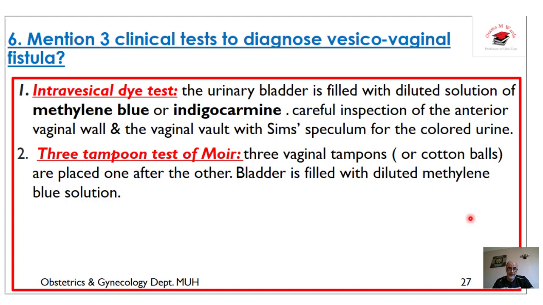Three tampon test of Moir. 3 vaginal tampons or cotton balls are placed one after another in the vagina.